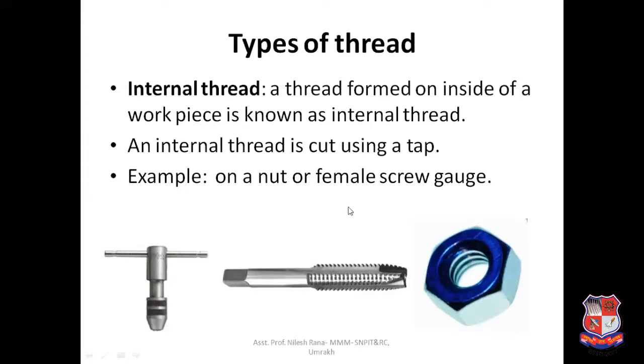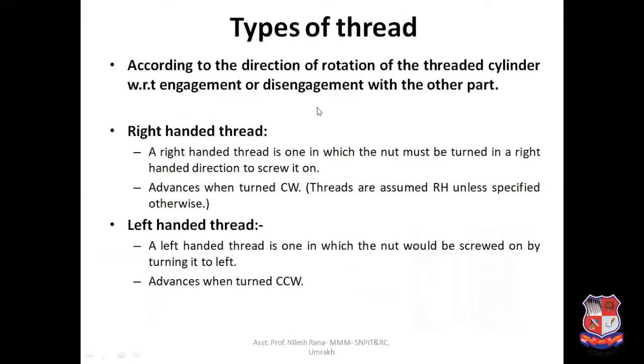Now, according to the direction of rotation of the threaded cylinder with respect to engagement or disengagement with the other parts, we have two types of thread: the right-handed thread and the left-handed thread.